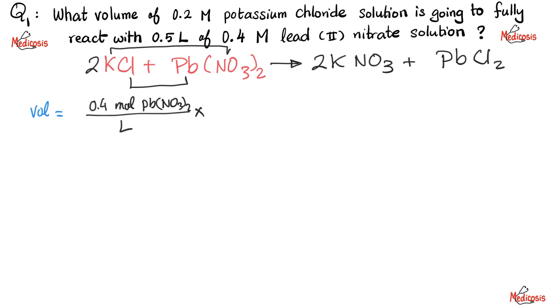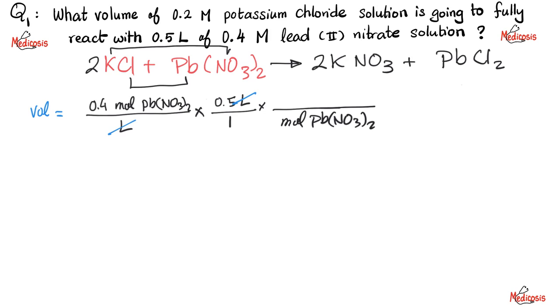And then you multiply this by the volume. The volume of lead(II) nitrate is half a liter. You put half a liter upstairs and 1 downstairs. You cancel the liter with the liter. Then I want to put moles of Pb(NO3)2 in the denominator so that I can cancel it. So you put 1 mole of Pb(NO3)2 downstairs.